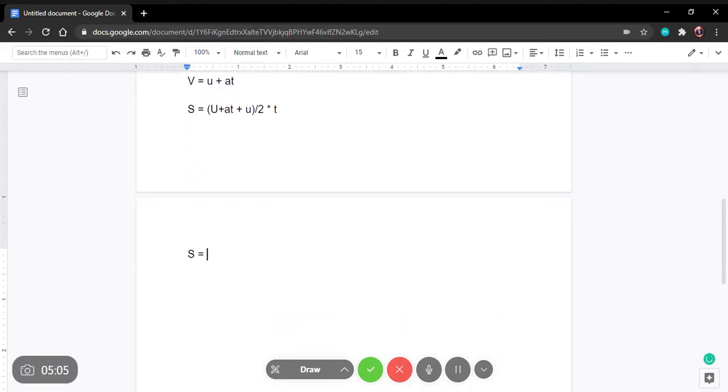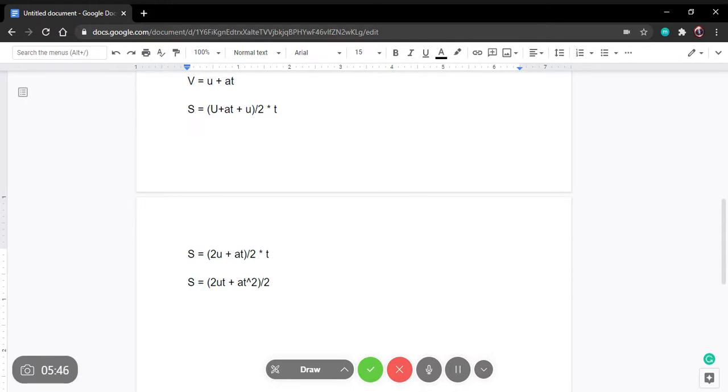Therefore, s is equal to 2u plus at divided by 2 into time. Therefore, s is equal to 2ut plus at squared, we need to put brackets, whole divided by 2.